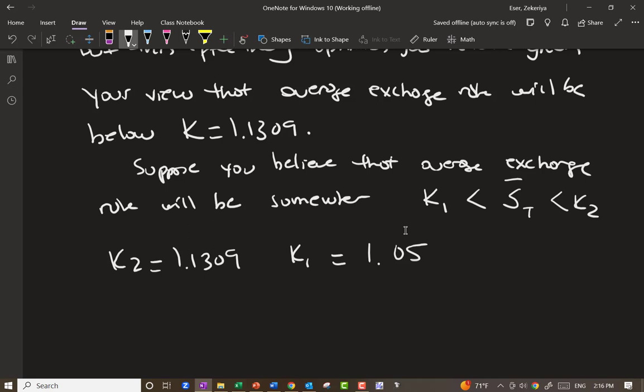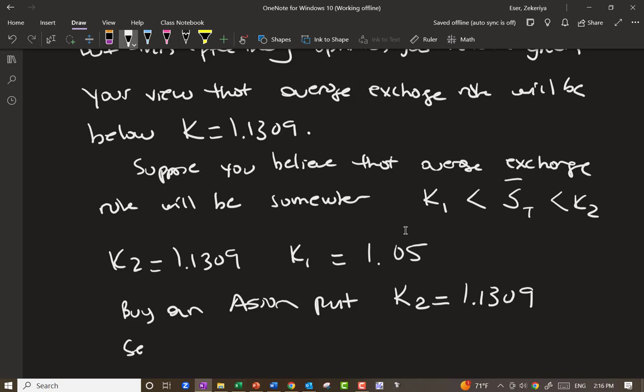So in this case, I could buy an Asian put at K2 of 1.1309, but I could also sell an Asian put.